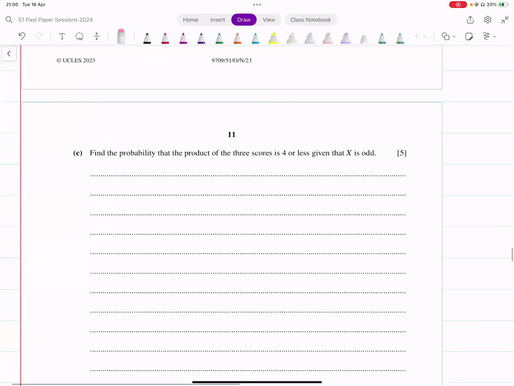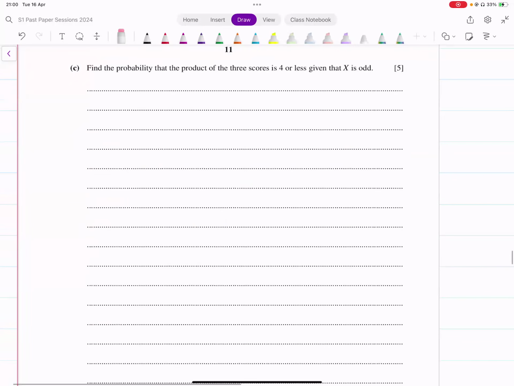Now it says find the probability that the product of the 3 scores is 4 or less, given that X is odd. Now this is conditional probability. How do you find conditional probability? Remember the formula for that? Probability of A given B is equal to probability of A intersection B divided by probability of B. Or you could just remember it in words as well.